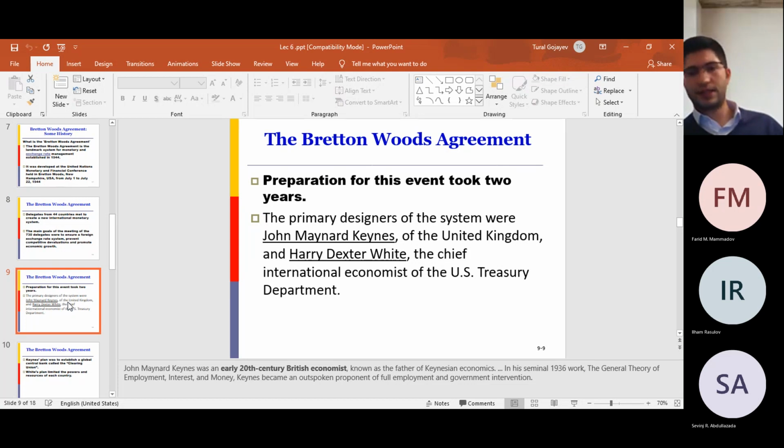The primary designers, as I said, John Maynard Keynes. Who is John Maynard Keynes? You have heard the theory called Keynesian theory, right? What is Keynesian theory? By John Maynard Keynes, British economist.